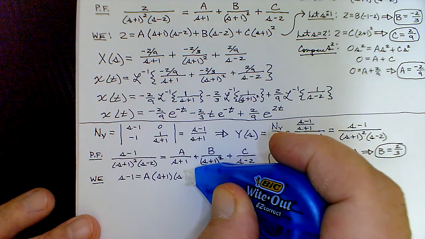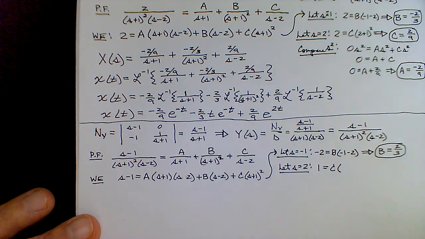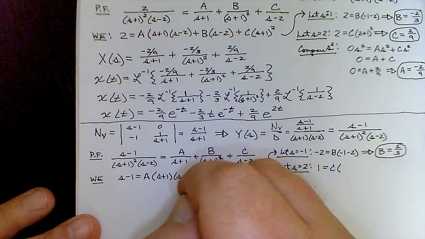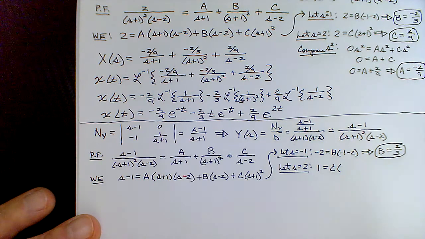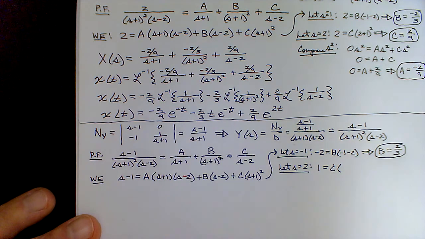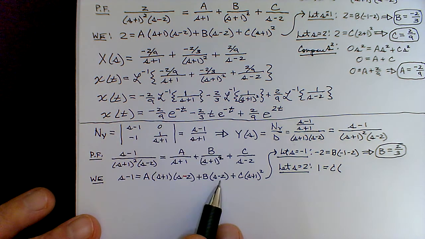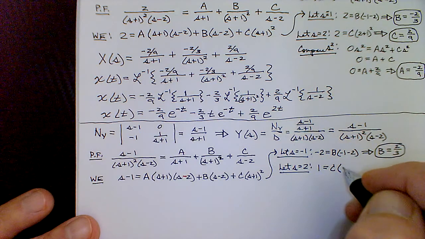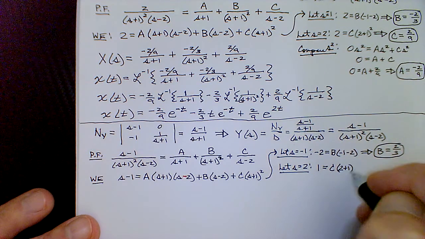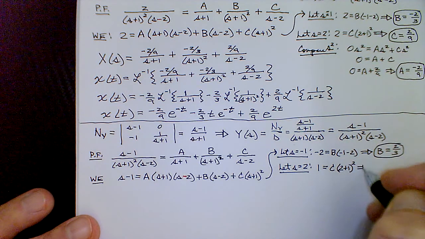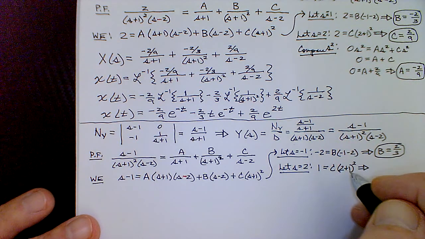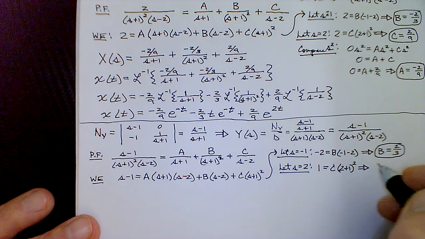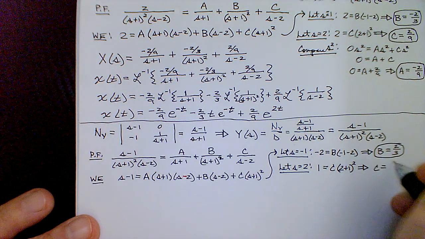That should be an s minus 2. But the A and the B terms go away because we're plugging in a 2 for s, and s minus 2 is a factor of those. So C times 2 plus 1 squared. So that is 9C, because that's 3 squared is 9. So C is 1/9.